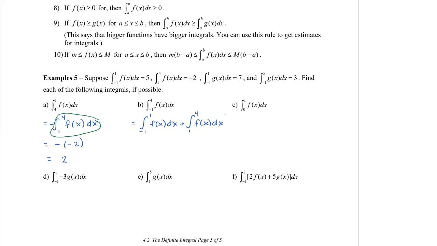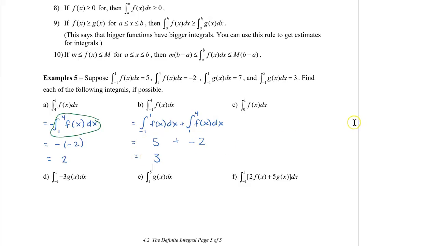So what I'm using is the seventh property. From -1 to 1, I get the first portion, and then I'm going to continue from 1 to 4. And then that will give me the sum from the lower limit to the upper limit. So I'm going to replace this with 5, and this is going to be -2. So then I get 3.